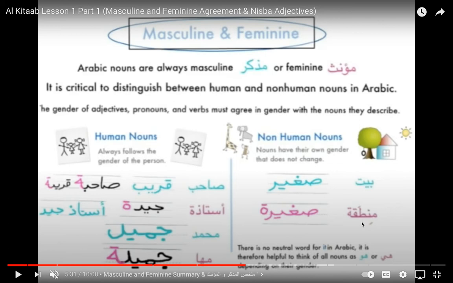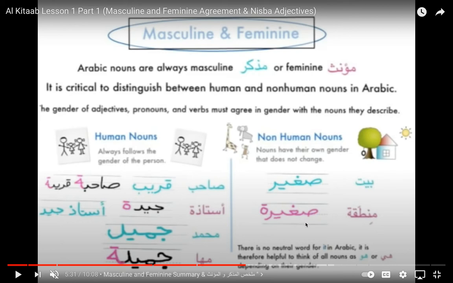منطقة, for example, هي منطقة بعيدة. This is an area or a region that is far away. So منطقة, because it's a feminine noun for non-human nouns, if I wanted to avoid repetition, I must use هي because it's a feminine noun. I would say هي منطقة صغيرة.